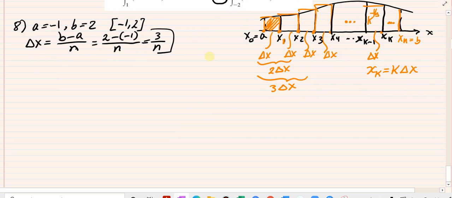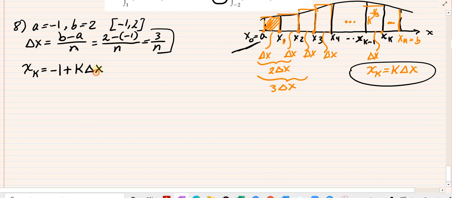Now, in order to get to x sub k, I have k delta x's from a, but a was -1. So I start at -1 and then count k delta x's to get to x sub k. I can replace delta x now with 3 over n. So my x sub k is therefore -1 plus k times 3 over n.